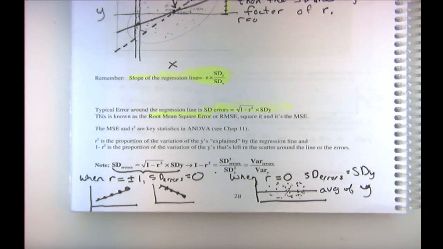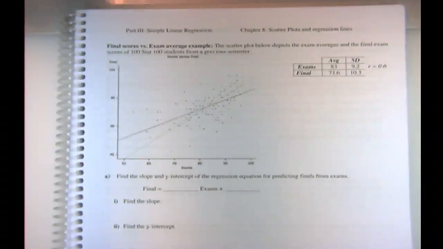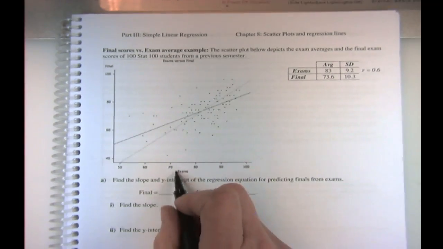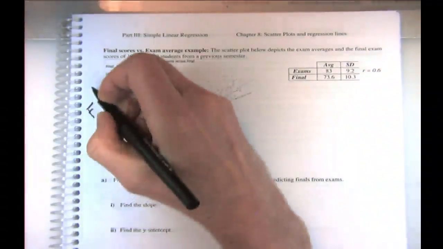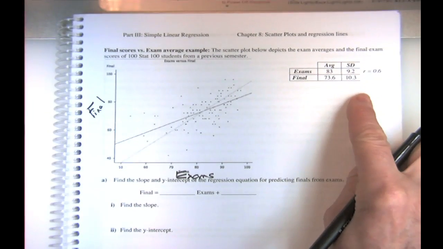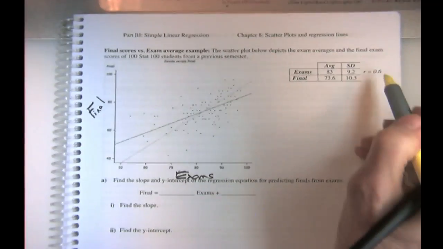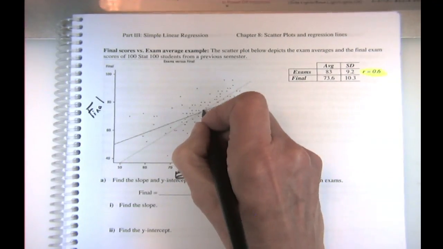Now in the last 7 minutes, let's do this example. This is an example predicting final exam scores, and we have these 5 summary statistics. Here's our correlation, and here's our standard deviations. So right here is our point of averages.